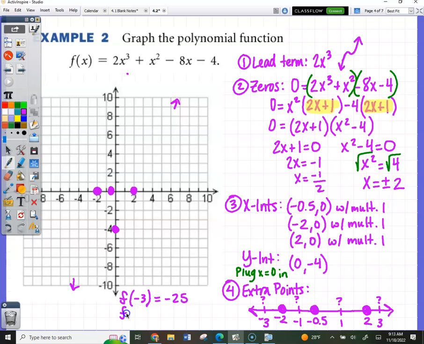When you plug -1 in, did you get 3? So (-1, 3). So it's coming up here. Now I can see that the curve, when it's coming from down here, is coming up there and then it's going to come back. And I've got to get the rest of the points. Is this making sense? When you plug 1 in, did you get -9? Oh, it is -9, thank you. It's negative. So right 1, down 9. There it is.